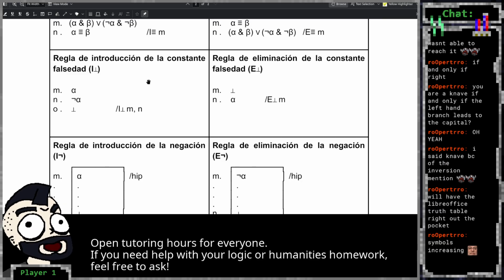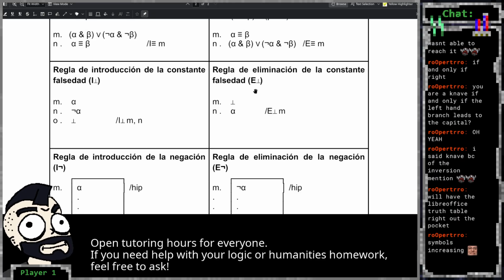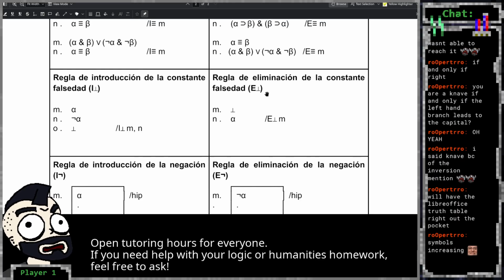It's more like we're breaking down the symbols, or analyzing them. They were just called introduction and elimination because the people who made this up wanted a pair. The introduction rules do introduce, so that's clear, but the elimination rules are eliminating in a way, but not.